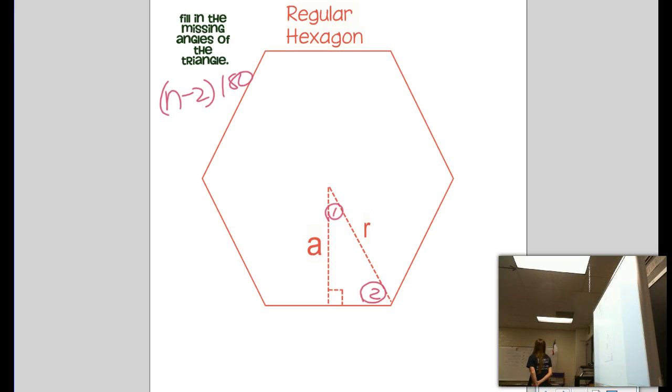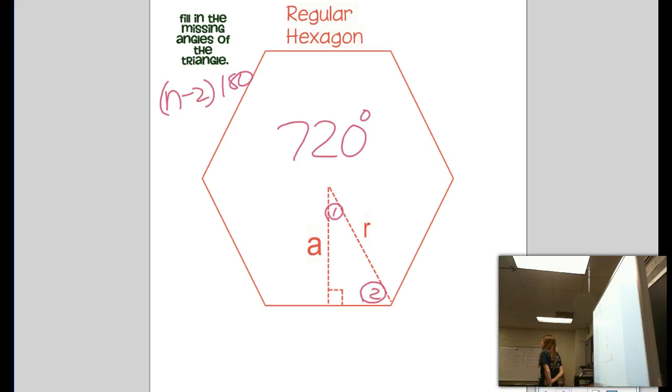N minus 2 times 180 will tell you how many degrees are in a hexagon. What is n? Number of sides. Awesome. So 4 times 180, what is that? 720. So a hexagon has 720 degrees.